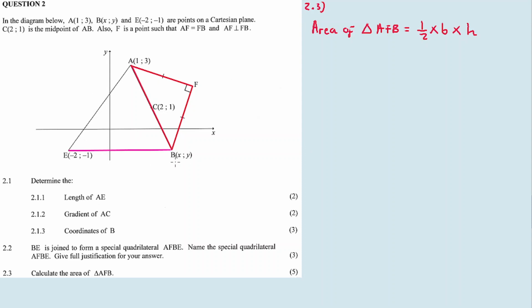Now, since our coordinates for B are known, which is 3 and -1, I can calculate AB, right? Yes, I can calculate AB. Now, what will this AB be? It will be my base. So the length AB is going to be my base. And then how about the height?